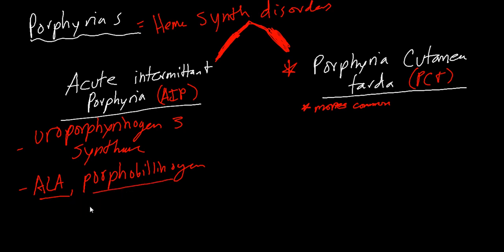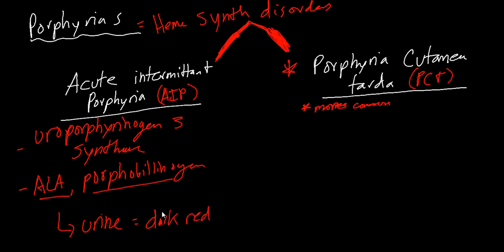It'll eventually go to your kidneys to get removed from the body, and this stuff will stain your urine. So you're going to have a lot of ALA and porphobilinogen in your urine. These stain your urine dark red.